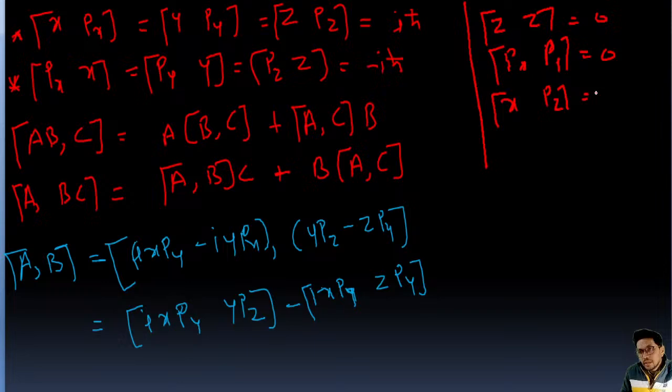These terms are going to be 0. Only if these terms are there, then it is going to give value, like this ypx; these values are 0.